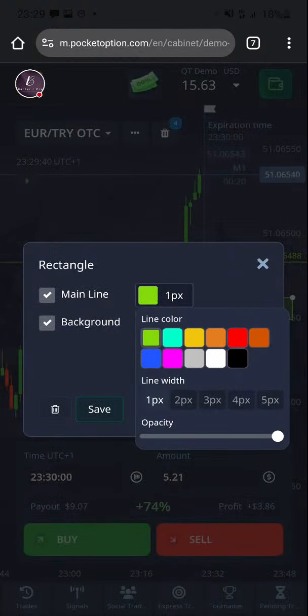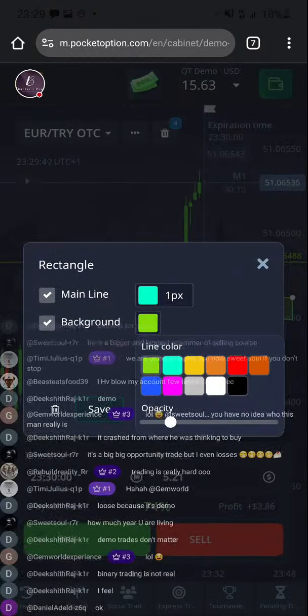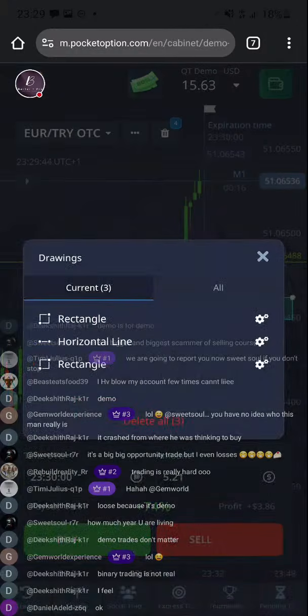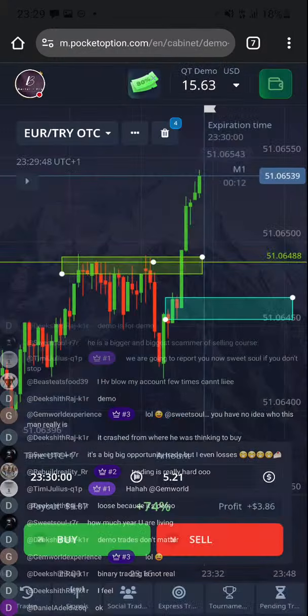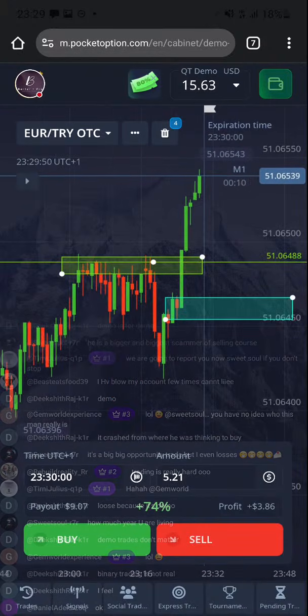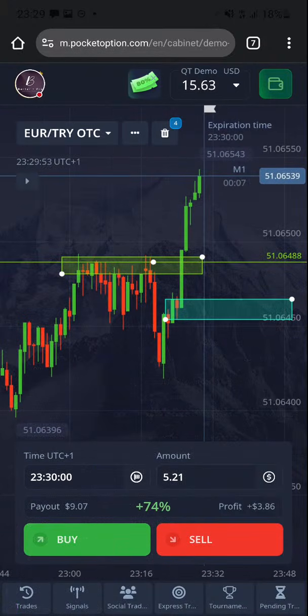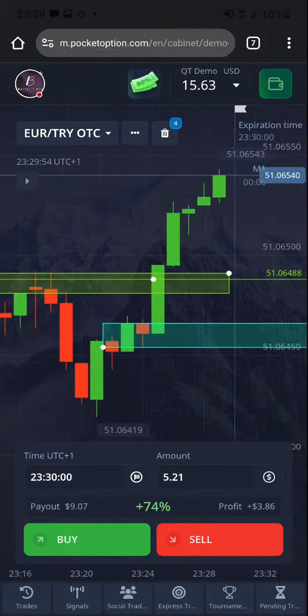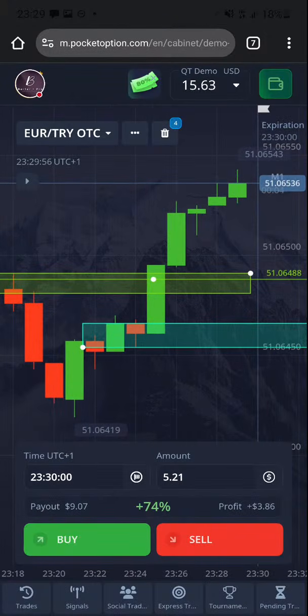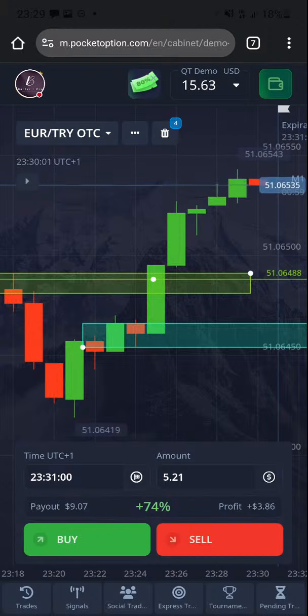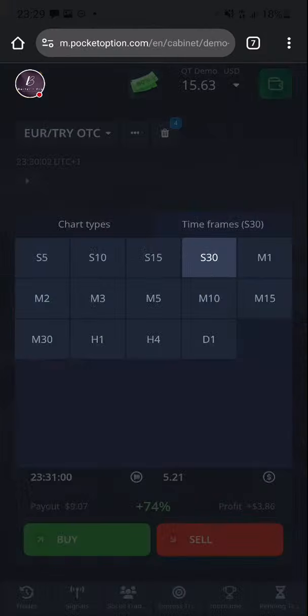But over here, let's mark this demand zone. The demand zone right now, look at this, is where you have buyers in the market. This is a demand zone. But for us to find the decision point, we need to go to the lower time frame.